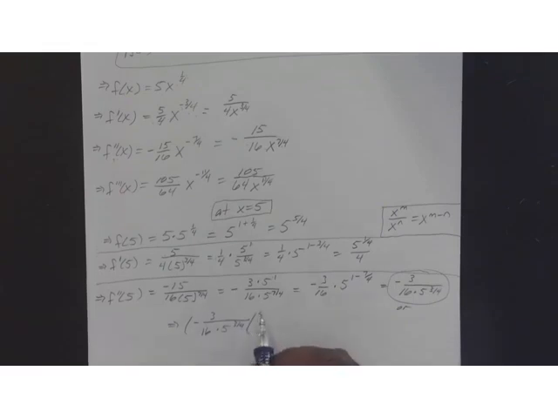You can multiply that by 5 to the 1/4 power divided by 5 to the 1/4 power. If you multiply those two, you just get 5. That's negative 3 times 5 to the 1/4 power divided by 16 times 5, which is 80. So either one of those forms work, depending on which one you want.